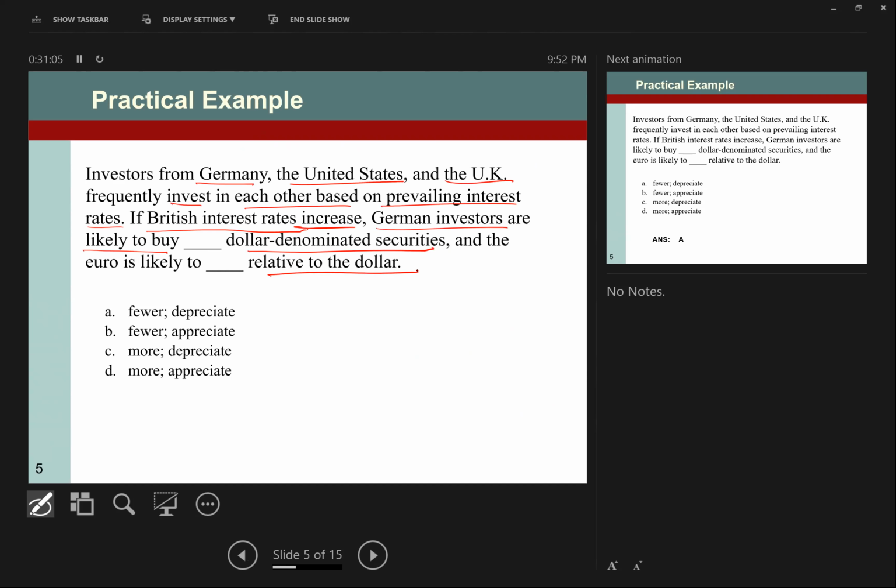Can I answer it, sir? Sure. I think German investors are likely to buy fewer dollar-denominated securities, and the euro is likely to appreciate. You talk about B, right? Yeah. Okay. Laura, Leo, Jackie.